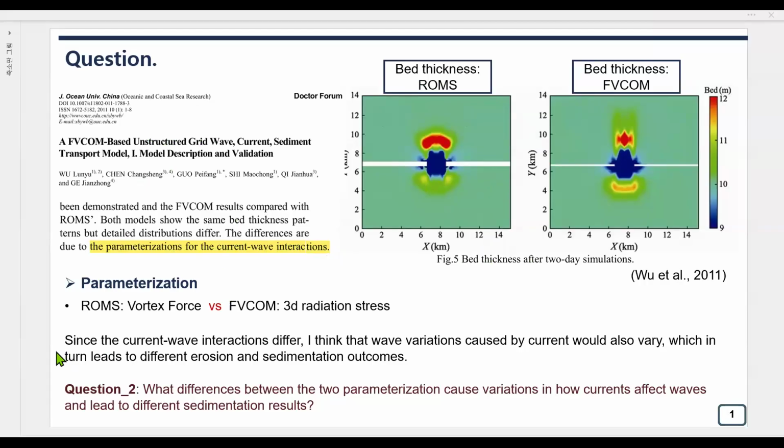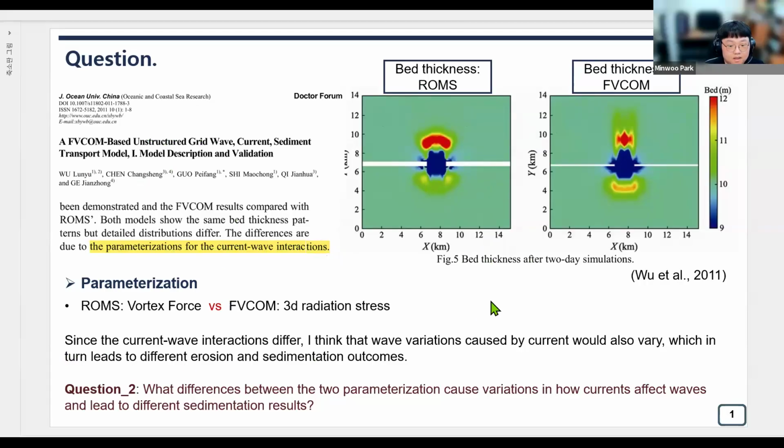Since the current-wave interaction differs, I think the wave variance caused by current would also vary, which in turn leads to differences in erosion and sedimentation outcomes. Also, what difference between the two parameterizations causes variation in how current affects waves and leads to different sedimentation results? This is my question. Okay, thank you.